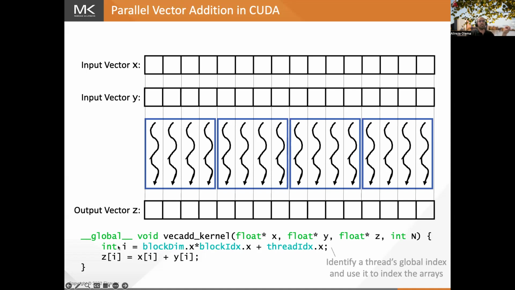Then you need to find the corresponding index for your thread that is responsible to perform this computation. So for example, we find the index of the thread that we want to work with, and then we assign this task, which is a simple sum, to that thread that we identified.